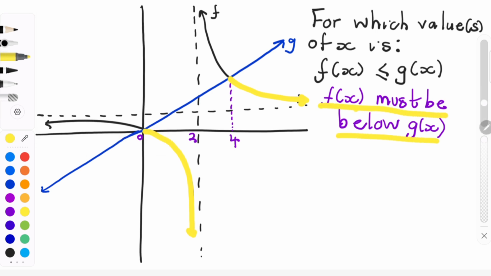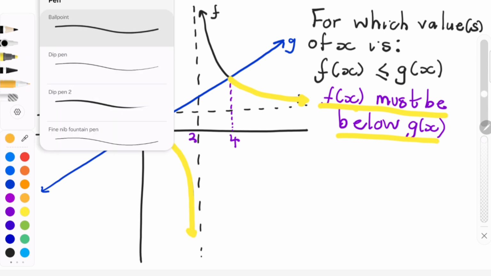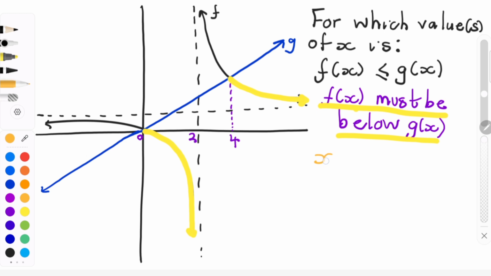We still want f of x to be below g of x. And where is that? It's still the part we've highlighted in yellow. So that happens when x is greater than or equal to 4, or when x is greater than or equal to 0 but less than 2.